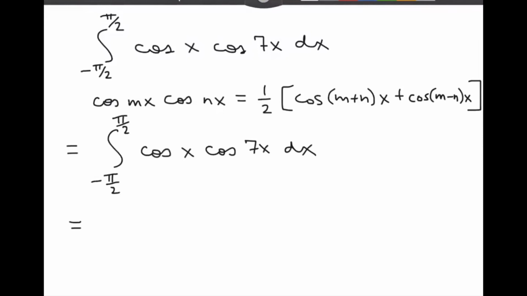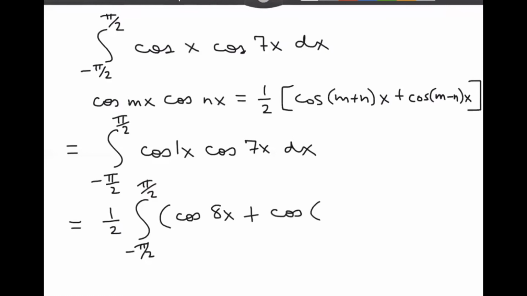Okay, so 1/2 the integral from negative pi over 2 to pi over 2 of the cosine of, remember there's an invisible 1 here, so the cosine of 1 plus 7 times x is going to be the cosine of 8x. And then the cosine of 1 minus 7 times x is the cosine of negative 6x.